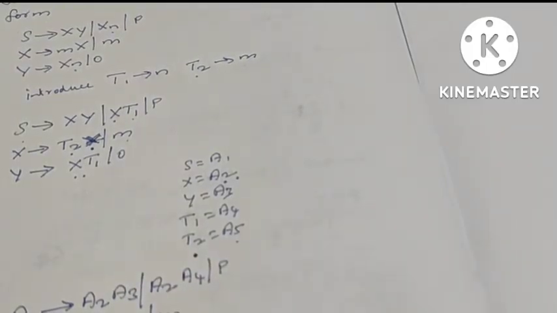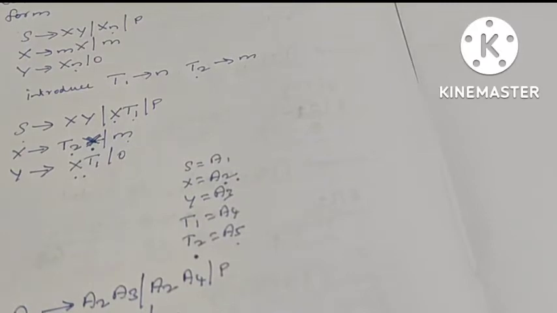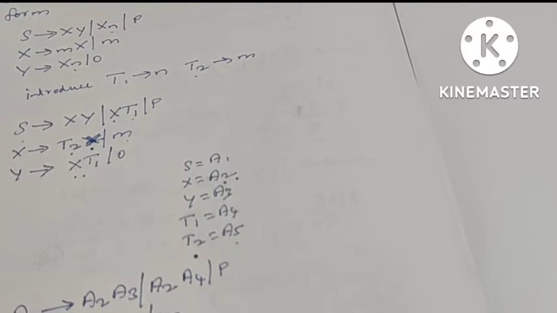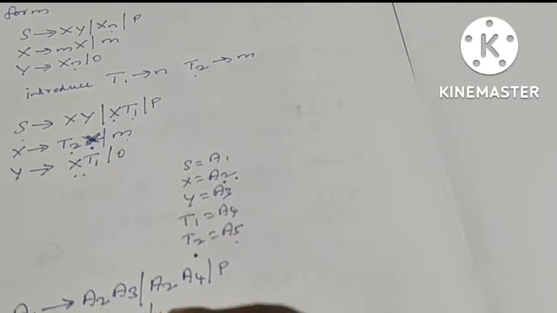Now coming to the third production, Y has to be named A3 here, so A3 tends to X named A2, and T1 is named A4 bar.